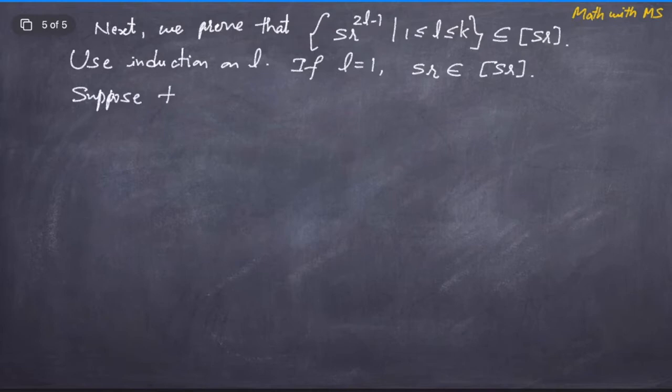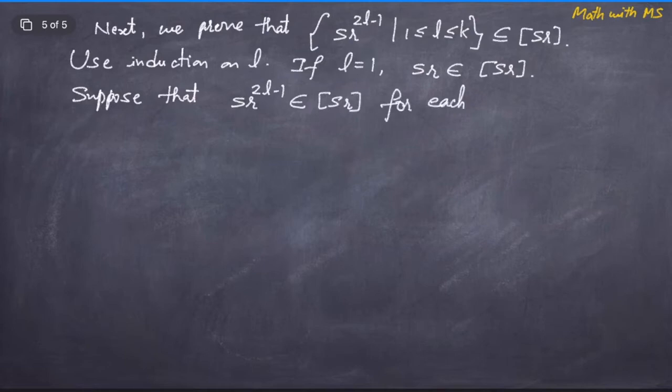Suppose that s r to the power 2L minus 1 is in the conjugacy class of the element SR for each L bigger than 1 and less than k. We will show it for L plus 1.